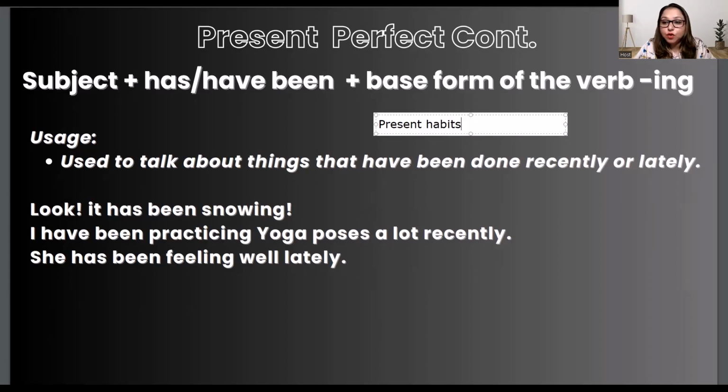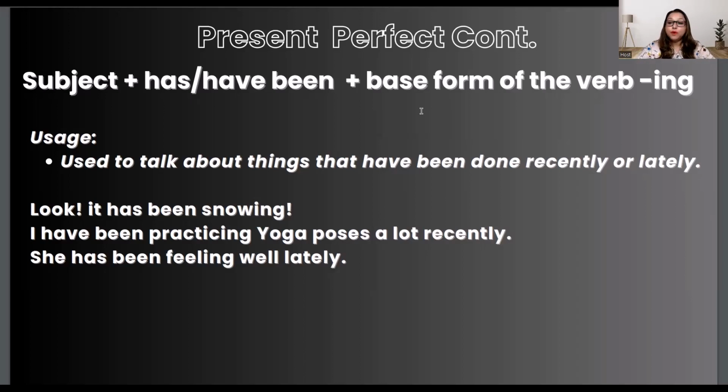I've been practicing yoga for 2 months now. I haven't been feeling well lately. She's been feeling well lately. So it means things which you've done lately or recently, and you can use present perfect continuous. And with this, we are done with present tenses.